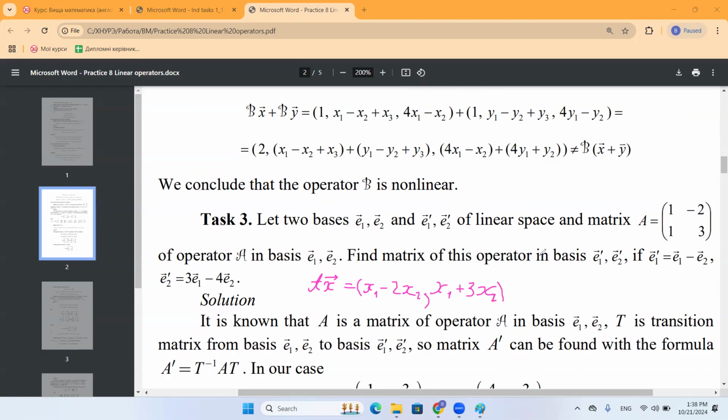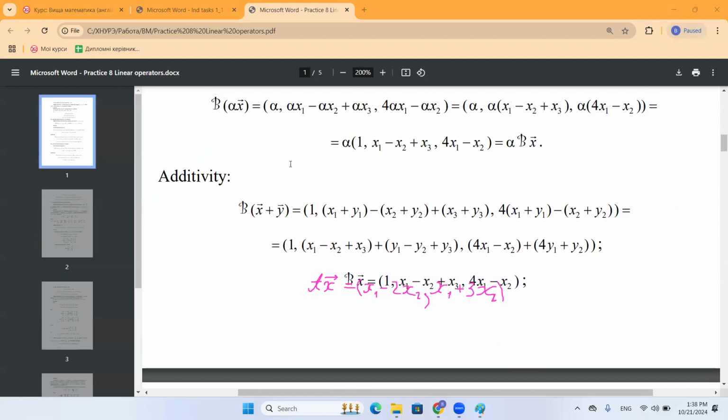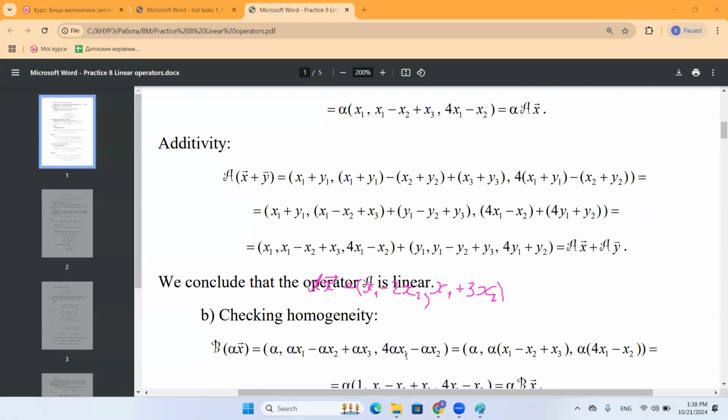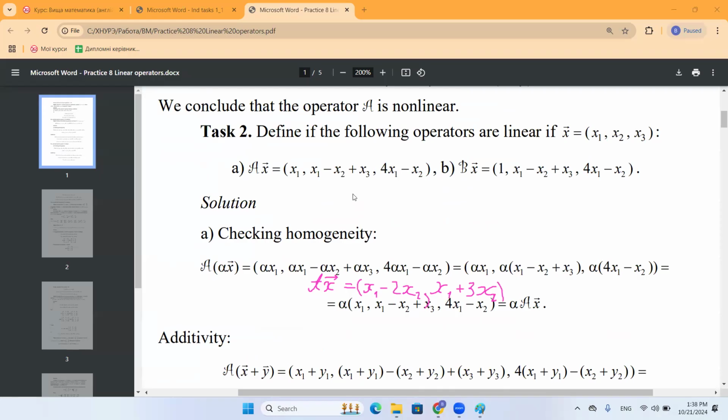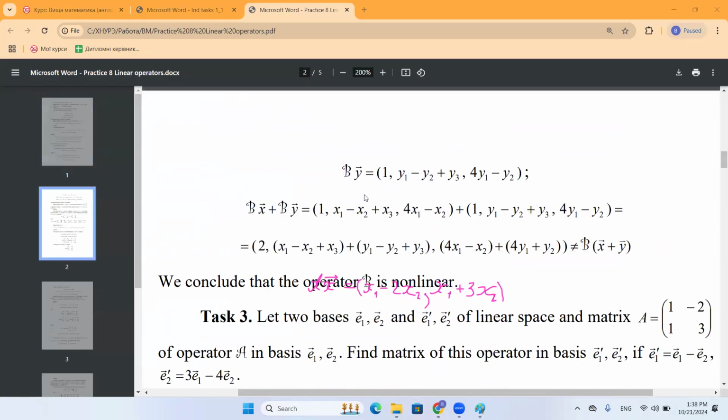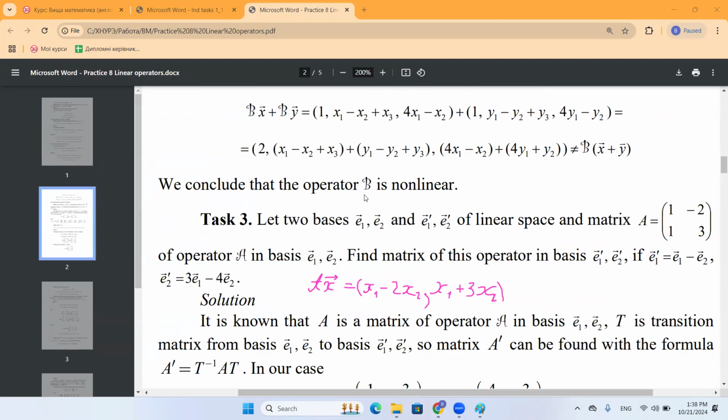And by the way, operator A from this task, operator B as well, can also be written in matrix form, but we will also check it in other tasks. So we will have such a task: its explicit form, and it is the matrix form here. It is more useful for us to write it as a matrix, but these forms are equivalent.